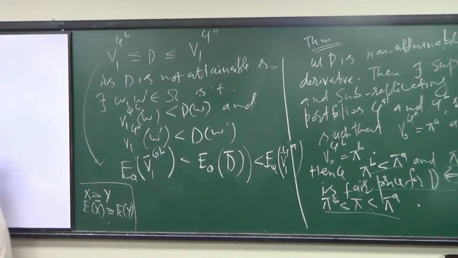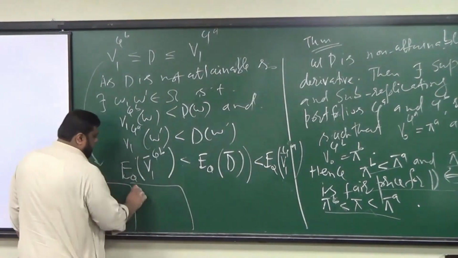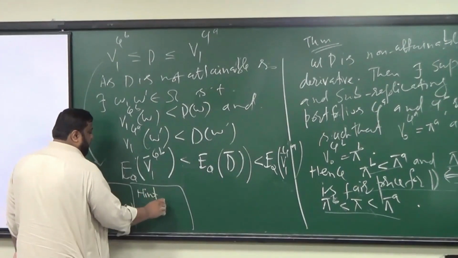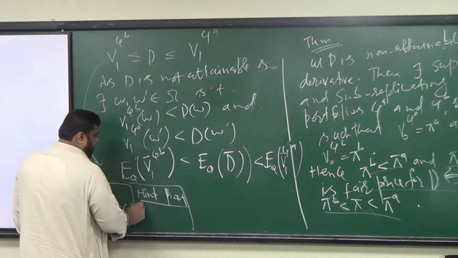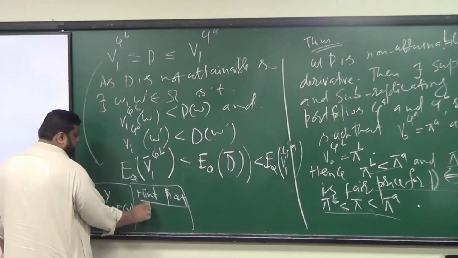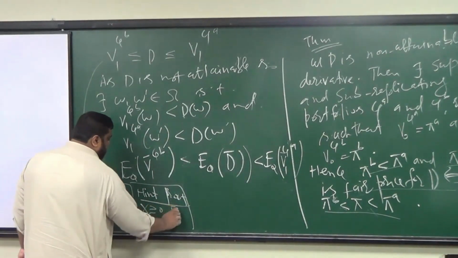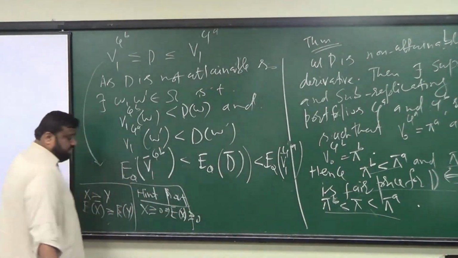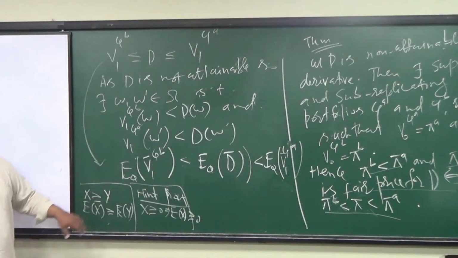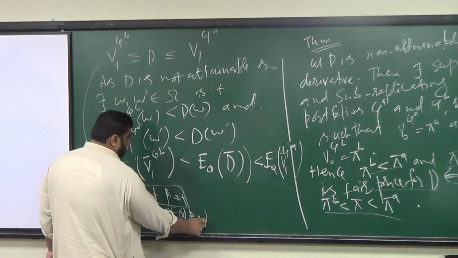The hint for the proof is to consider the case when x minus y is non-negative, show that this implies expectation of x must be greater than y. Use that to demonstrate this.